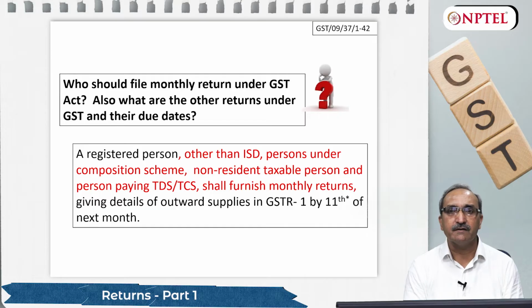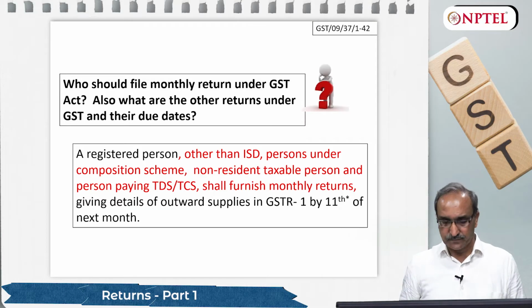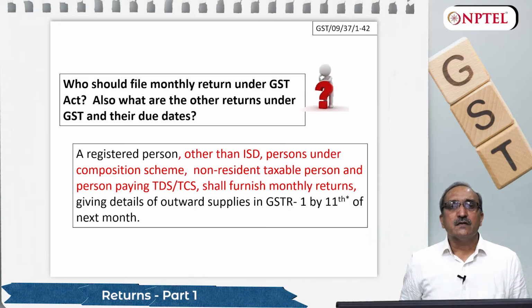I use 11th because the date has changed in the notification. So a normal registered person, who is a businessman or manufacturer, should file their monthly GSTR 1 returns declaring his outward supply.